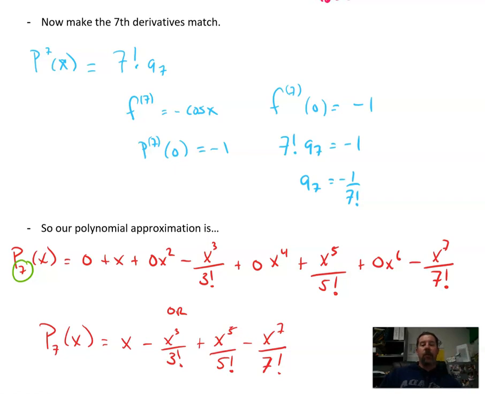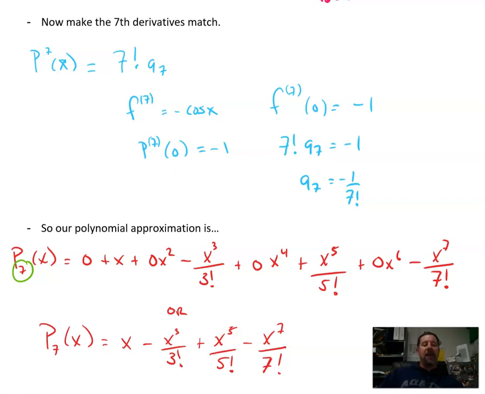But, so we had a sub 0 was 0, a sub 1 was 1, a sub 2 was 0, a sub 3 was negative 1 over 3 factorial, a sub 4 was 0, a sub 5 was 1 over 5 factorial, 0, and then negative 1 over 7 factorial is what we ended with right there. And once you get rid of all the 0 terms, you're going to get something that's pretty similar to that same polynomial.